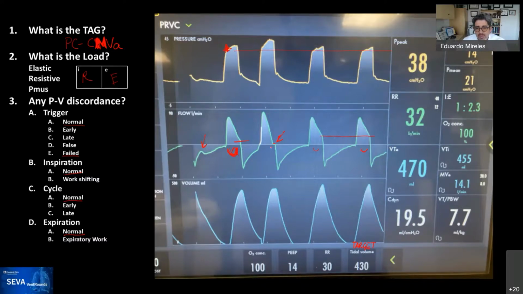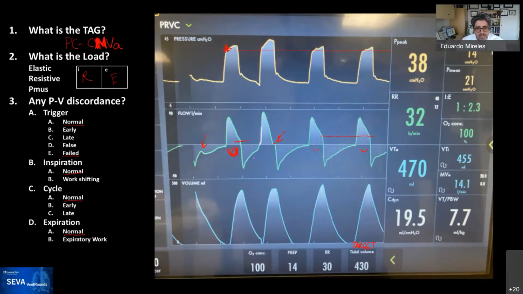Now, should you do anything with that? Probably not, because it seems that the rest are working appropriately. But if you're doing a trial and trying to figure out what type of asynchrony there is and an index of it, you can see how much you can extract on one of these waveforms, just one single page.